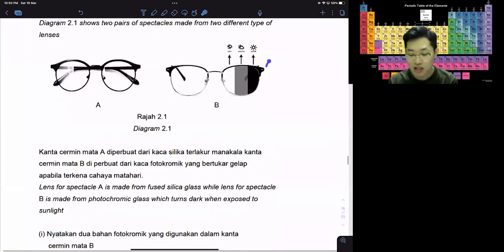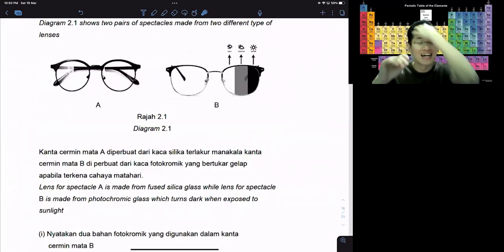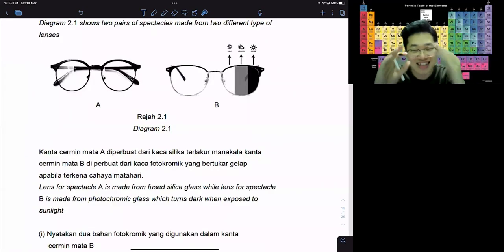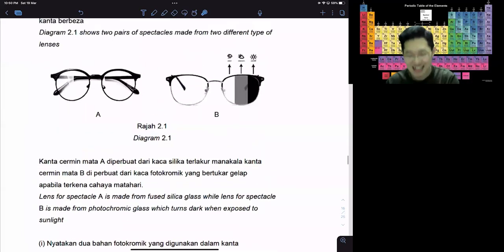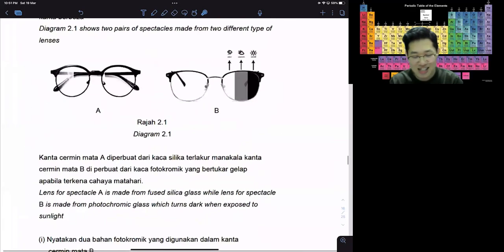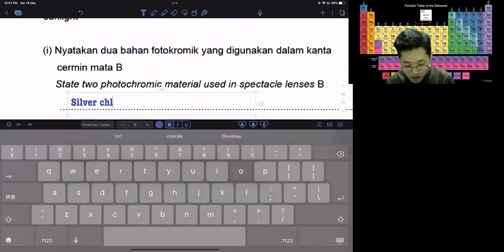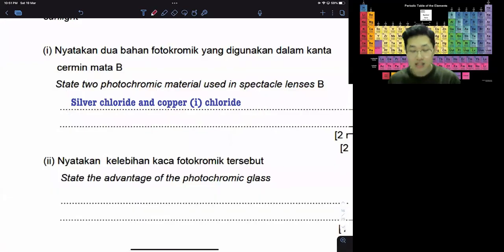In order for it to go from transparent to dark, it must have inside what? Yes, silver chloride and copper(I) chloride. Must write the 1.